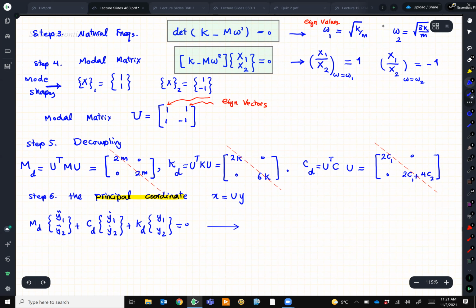So from here, obviously, when you do the multiplication with matrices, you will get two independent equations. For the first one, 2m y double dot 1 plus 2c1 y dot 1 plus 2k y1 equal to 0, and 2m y double dot 2 plus (2c1 plus 4c2) y dot 2 plus 6k y2 equal to 0.